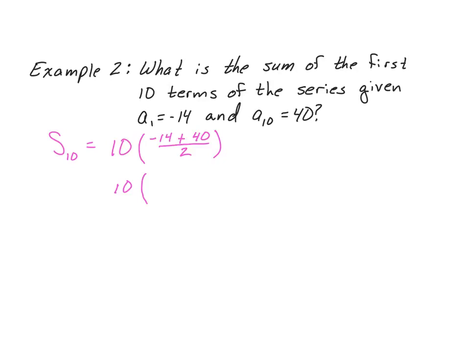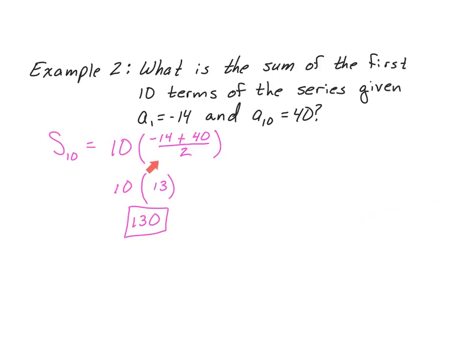Negative 14 plus 40 is 26, divided by 2 is 13, and then multiplying you get 130. I hope you can see that this is much easier to use this formula than it is to try to find all 10 terms and then try to add them all together.